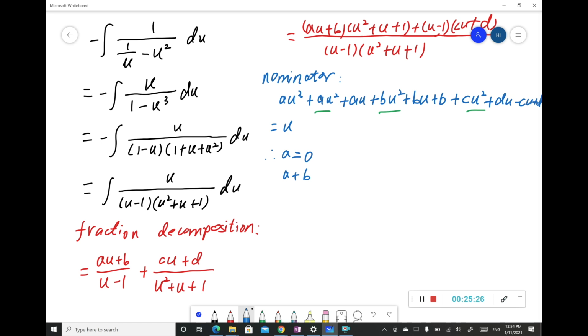It will be a plus b plus c equal 0, and for the au, bu, and du and minus cu, the coefficient will equal 1, since in front of u is 1, and then in the end, b plus d will equal 0.